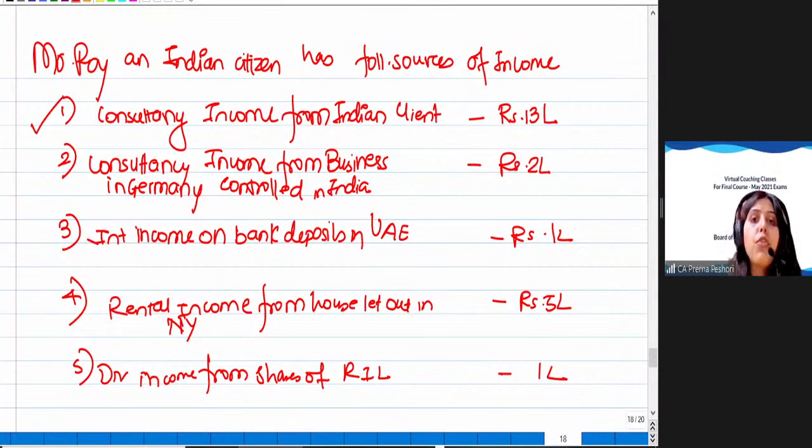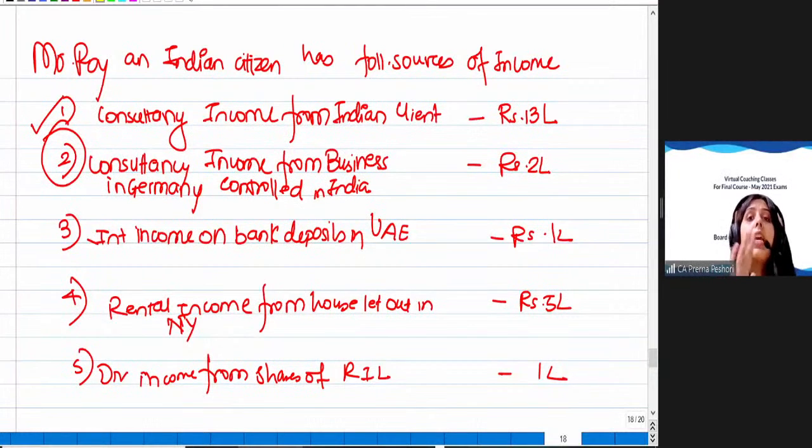Consultancy income from business in Germany controlled in India. Now, most of you eliminated this 2 lakh. But I had told you the income from foreign sources is defined under section 6.